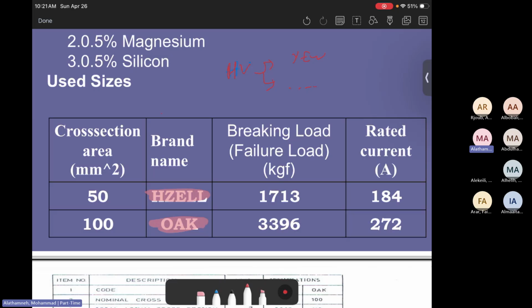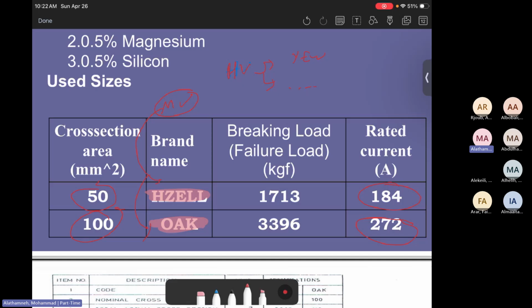Here in medium voltage, there are also brand names. There is hazel and there is oak. Each one has its own cross-section area, its own ampere rating. So you can see the larger the cross-section area, the larger the ampere rating, and also the larger the breaking load force.